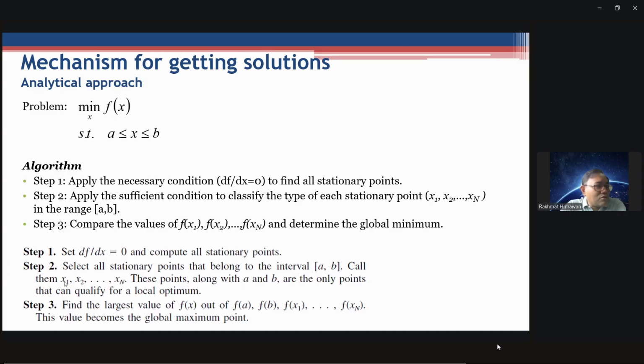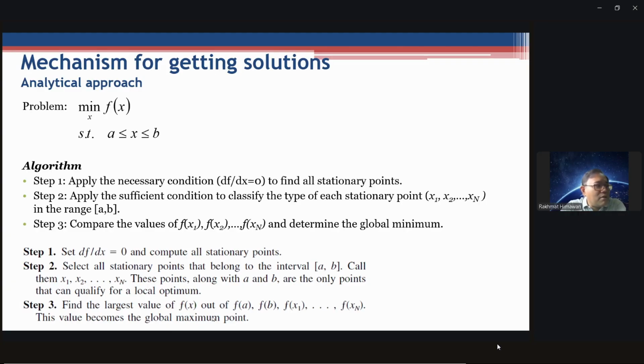Make a note that this x1, x2, and so on, along with a and b, are the only points that can qualify for local optimum. Because they are stationary points, they could also be an inflection point or saddle point, which is not maximum or minimum. Then find the largest value of f(x) out of a, b, x1, and so on, and this value becomes the global maximum.